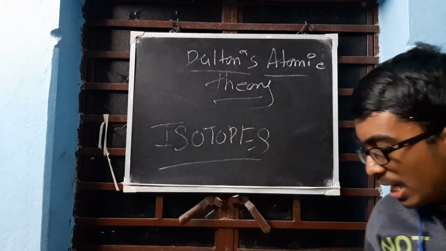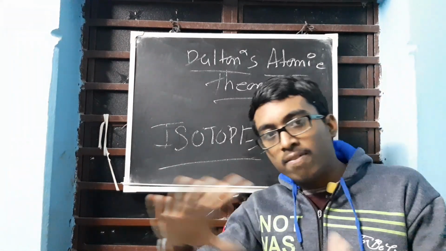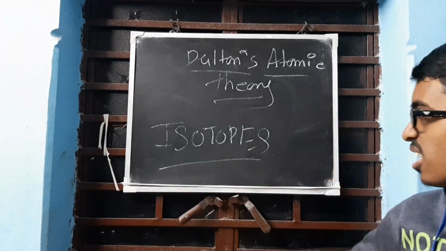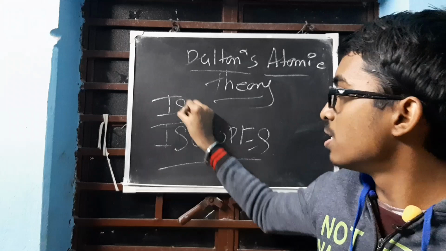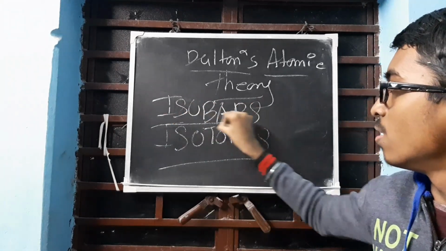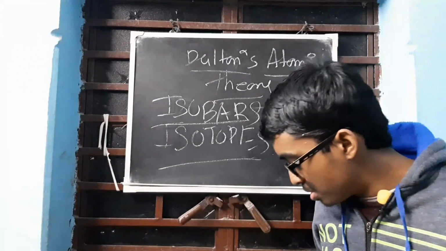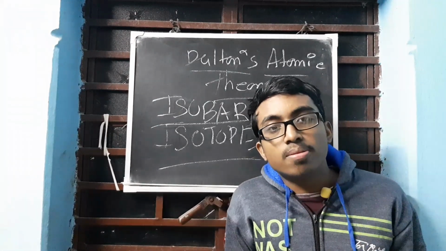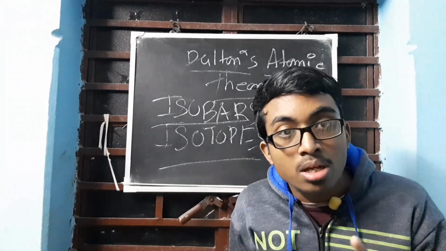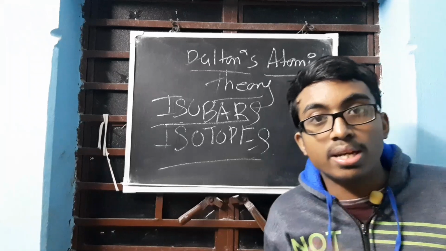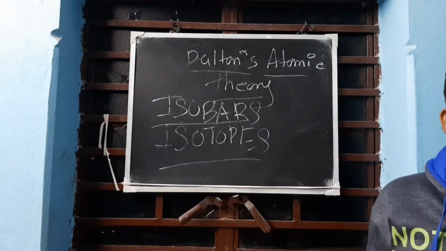Then Dalton said that atoms of one element are different from those of another element. Another term comes up here: isobars. What are isobars? Atomic number is different, but mass number is same. So atoms of one element are identical to another element in terms of mass number.